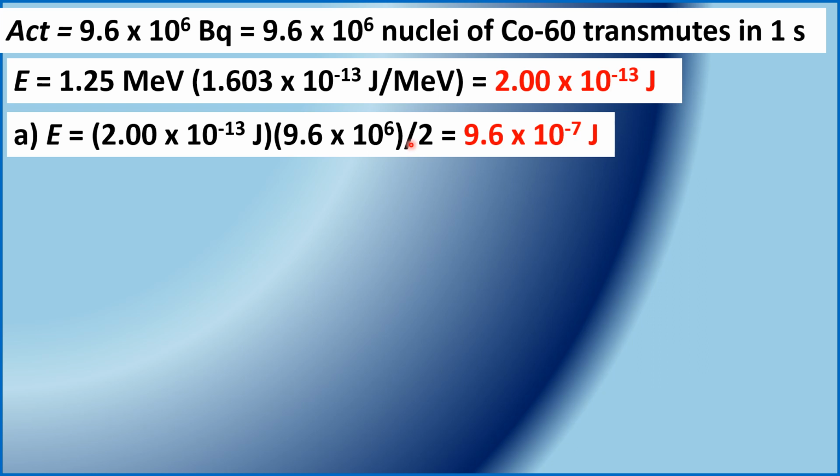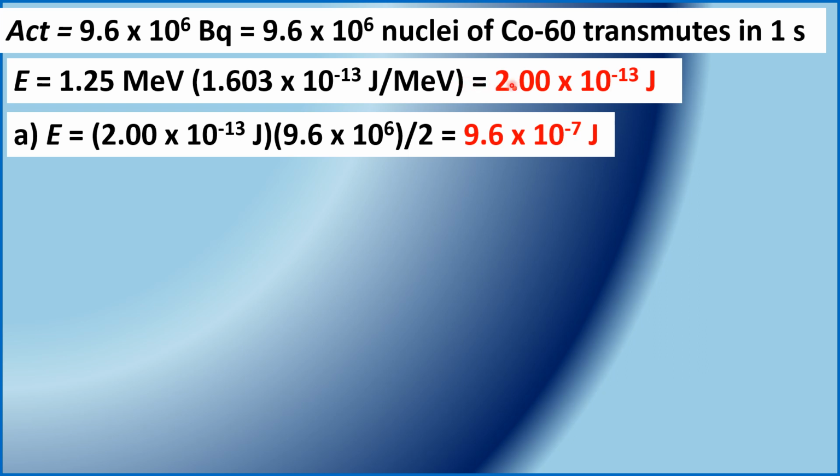And since the 1.25 MeV is per nuclear transmutation, in other words, for every nucleus of cobalt-60, the accompanying amount of energy associated with the release of gamma photons is 1.25 million electron volts.